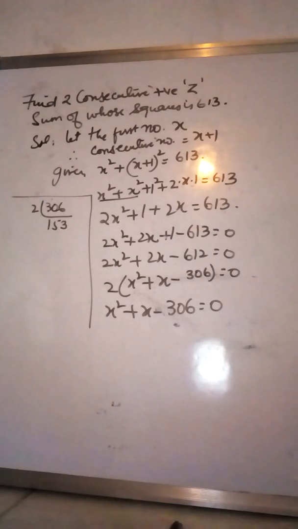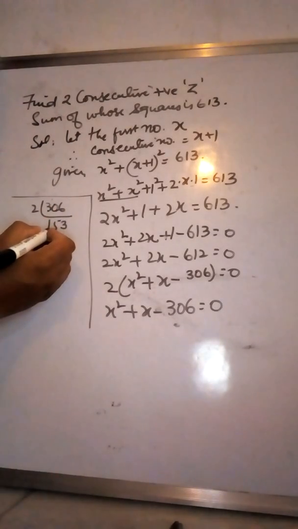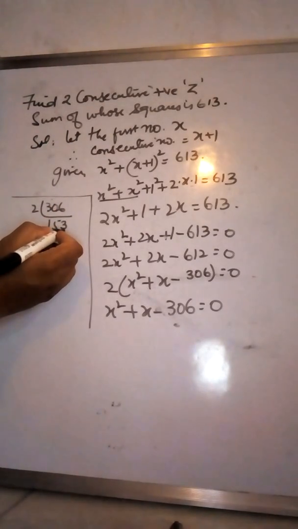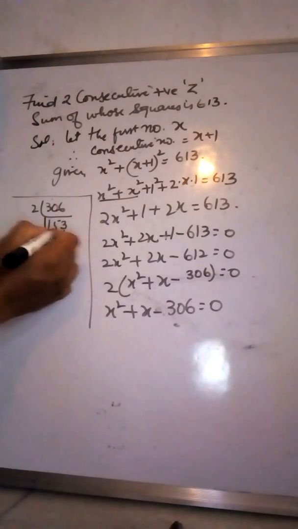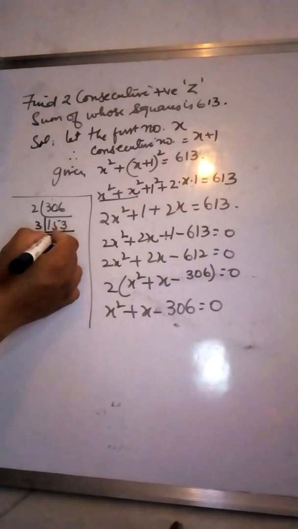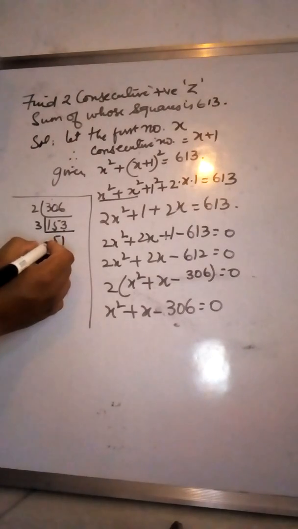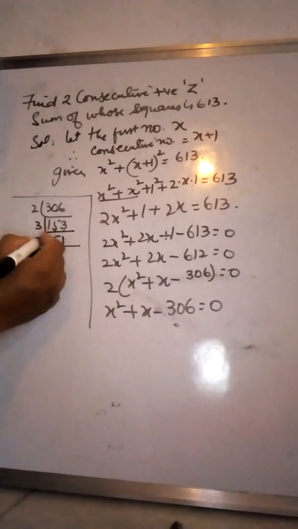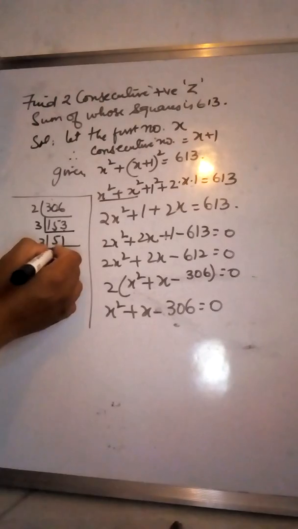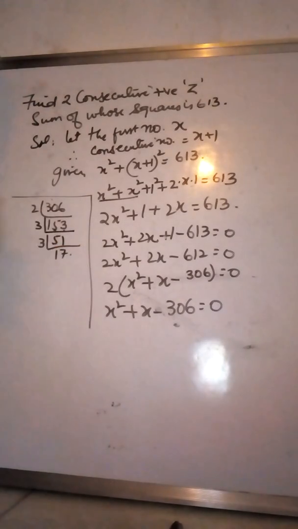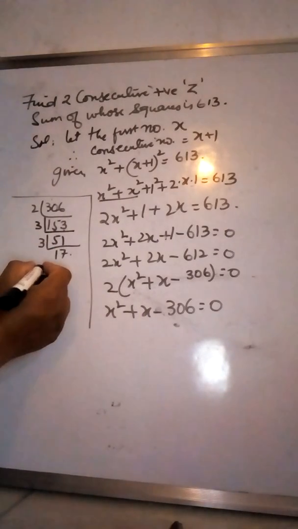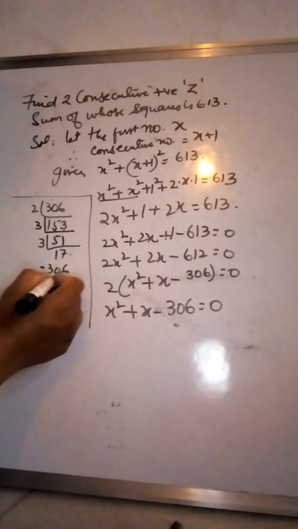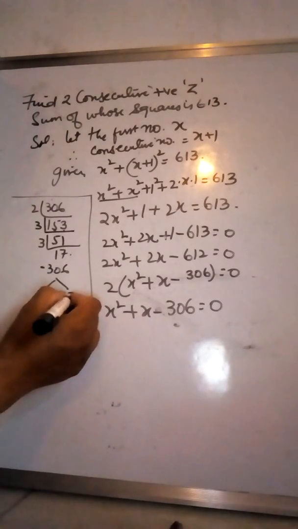Now 153 minus 2 will not give me the middle term, so this will be divisible by 3, since 1 plus 5 is 6, 6 plus 3 is 9, and 9 is divisible by 3. 3 5s are 15, 3 1s are 3. Again 5 plus 1 is 6, divisible by 3, so this number is also divisible by 3. 3 1s are 3, 3 7s are 21. So 3 3s are 9, 9 2s are 18. So 306 can be written as 18 into 17.